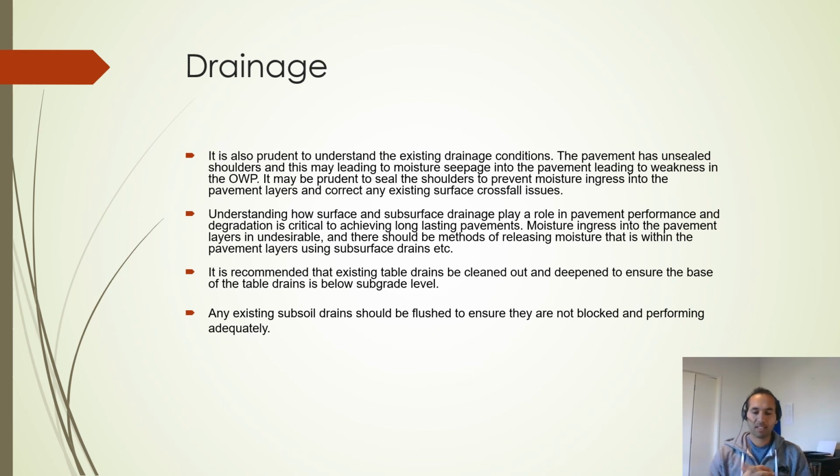I do understand that sometimes we're constrained by the site topography, and that's always a concern, but wherever possible, we should grade the subsoil drains, grade the table drains, deepen the table drains, clean out the subsoil drains, flush them out, construct adequate crossfall of the pavement, of the sublayers where possible, and just keep the moisture out, keep the water out.